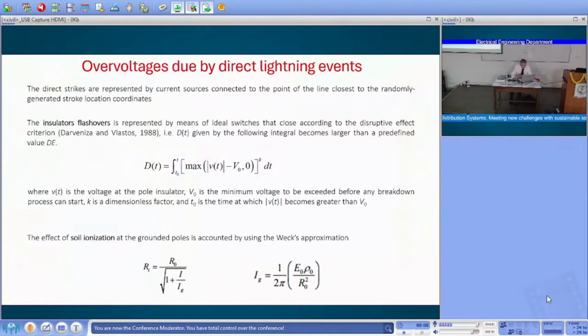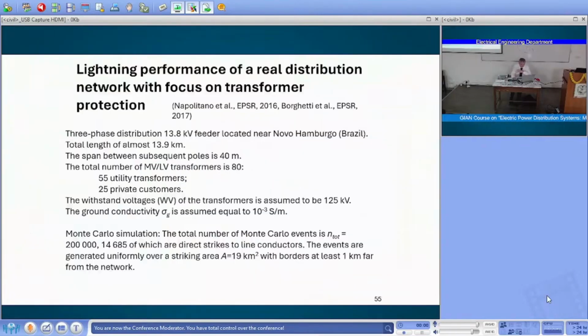And also we can take into account the fact that when there is the lightning current in the grounding, there is an effect of soil ionization that is in general a benefit because it decreases the resistance of the grounding. So I would like to show just this calculation for a real distribution network in Brazil.